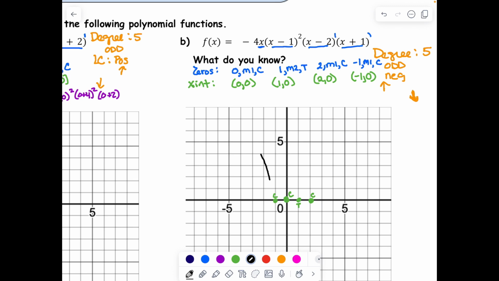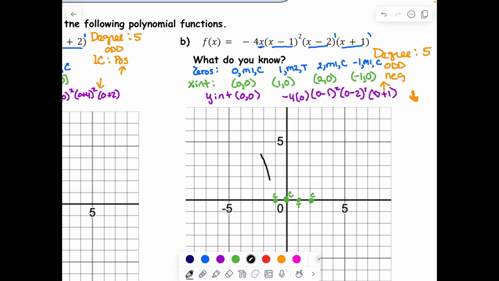So we start going up. Oh, by the way, our y-intercept is the same as our x-intercept because our y-intercept, again, is 0, 0. And you can also find that by just substituting 0 in because it's not always going to be 0, 0. And so we would put 0 in and we would get that value.